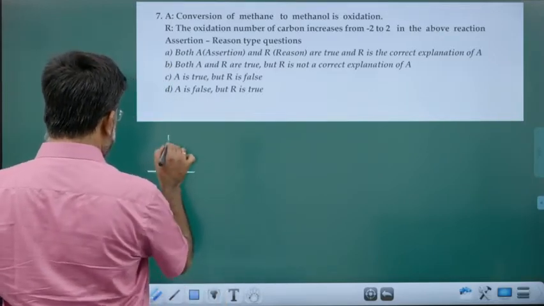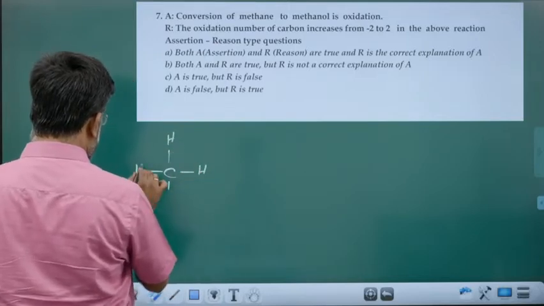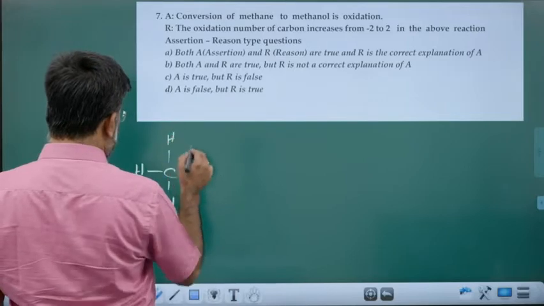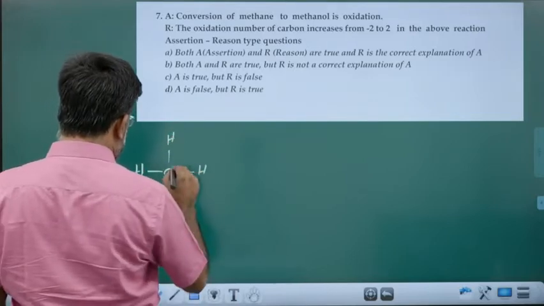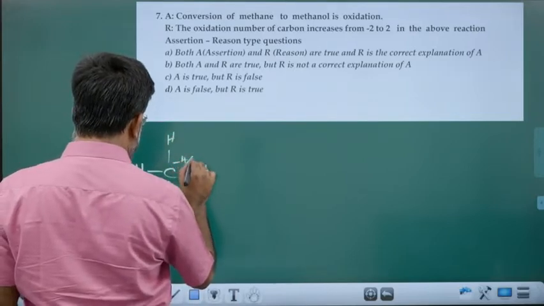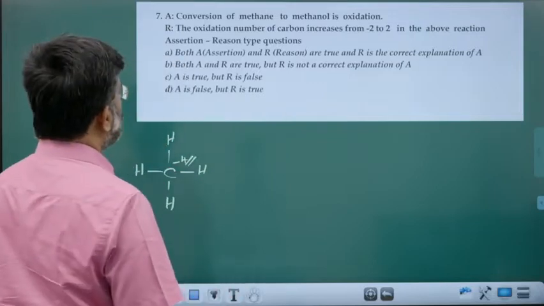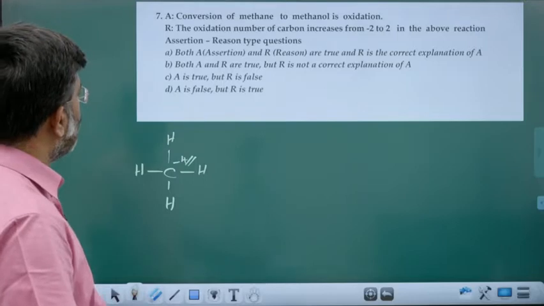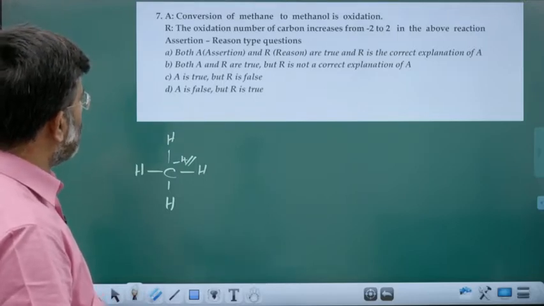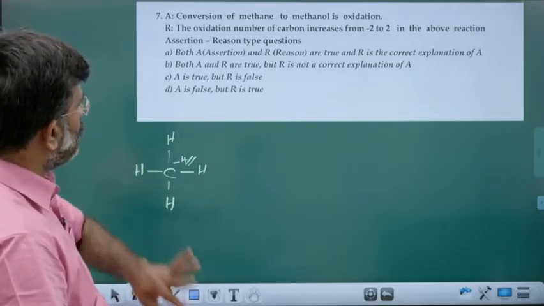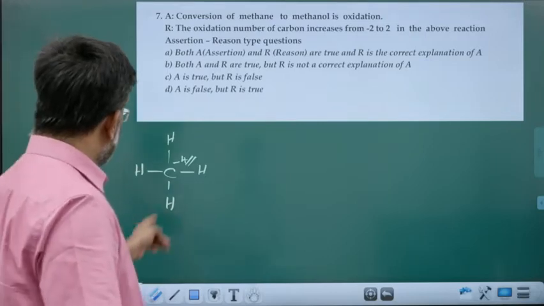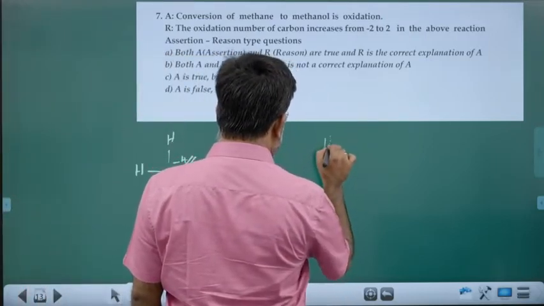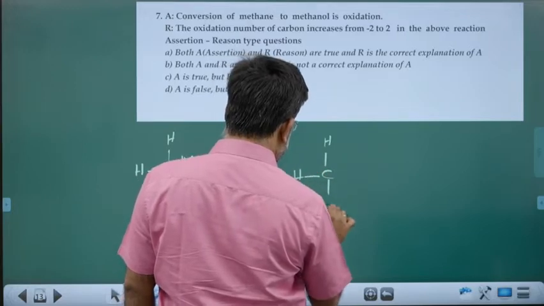This is methane, where the oxidation number is +1, +1, +1, +1, +4, and this is -4. That is methane. So, reason is incorrect. Oxidation number of carbon increases from -2 to +2. That is wrong. It is -4 here. And what about in methanol?